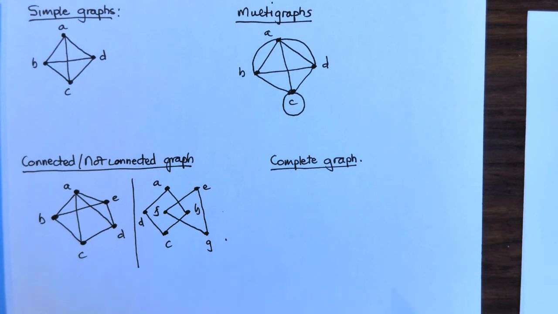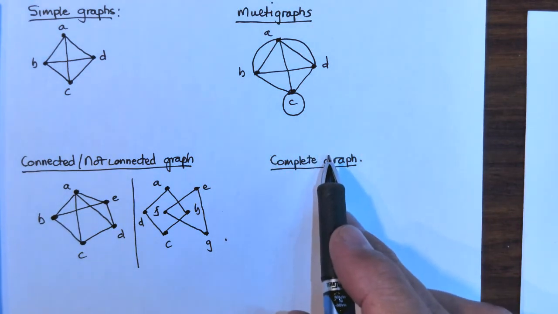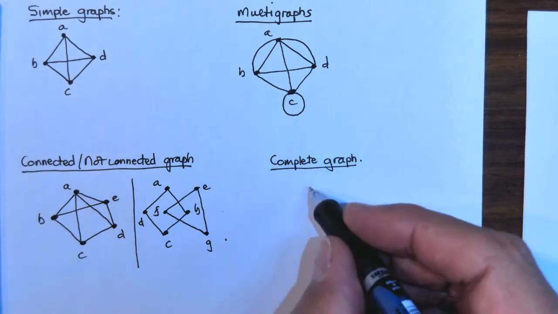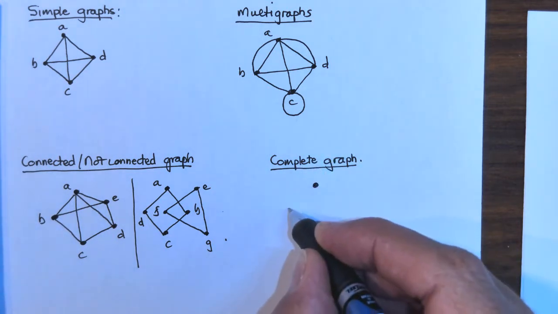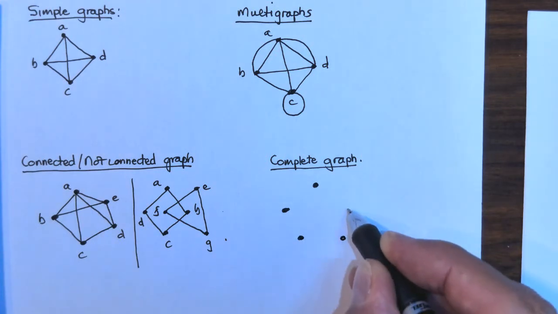Now these graphs get me excited, the complete graphs. What is a complete graph? Let's use 5 vertices again, just to illustrate this.